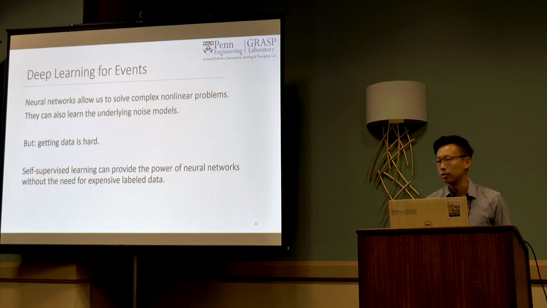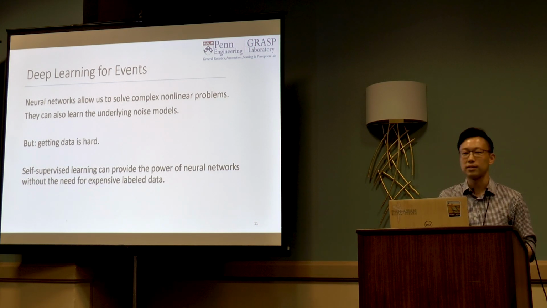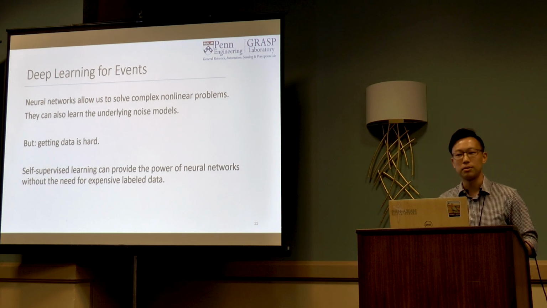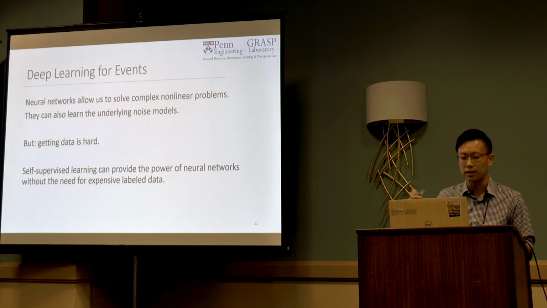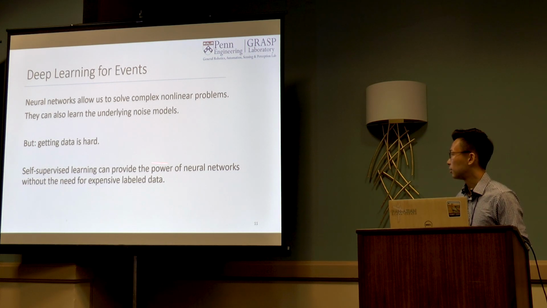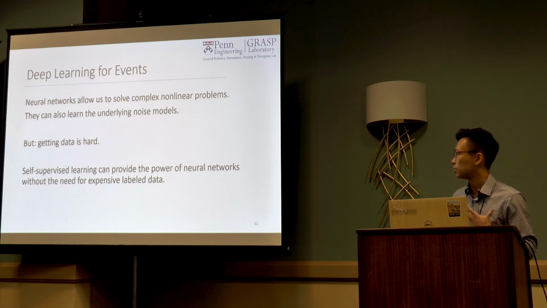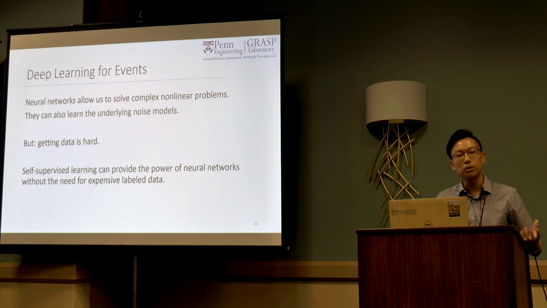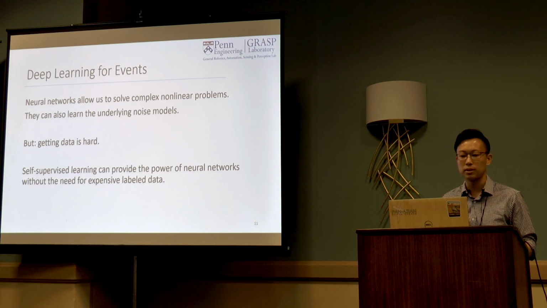They've only been around for a few years. And so you just don't have things like ImageNet for events. So we don't want to have to rely on hand labeling data ourselves in order to train our networks. And so that's where we got into this concept of self-supervised or unsupervised learning, where we can train neural networks with losses that are basically based on geometry, instead of having to actually label every single output that we want from the network.